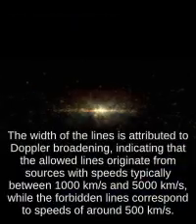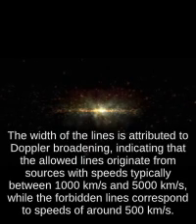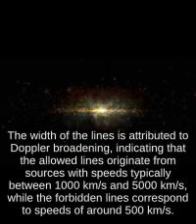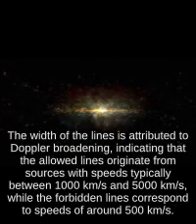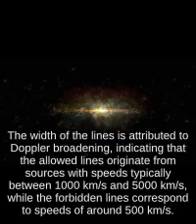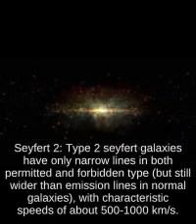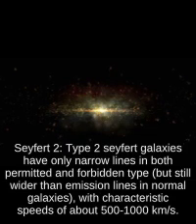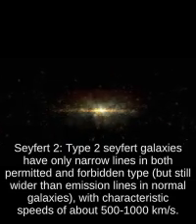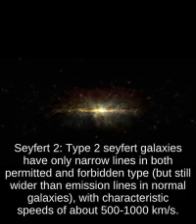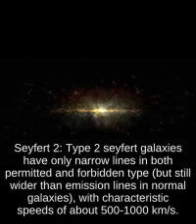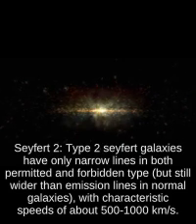The width of the lines is attributed to Doppler broadening, indicating that the allowed lines originate from sources with speeds typically between 1000 km per second and 5000 km per second, while the forbidden lines correspond to speeds of around 500 km per second. Seyfert 2, Type 2 Seyfert galaxies have only narrow lines in both permitted and forbidden type, but still wider than emission lines in normal galaxies, with characteristic speeds of about 500 to 1000 km per second.